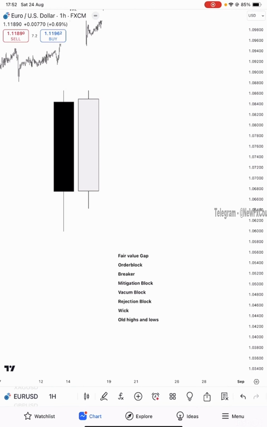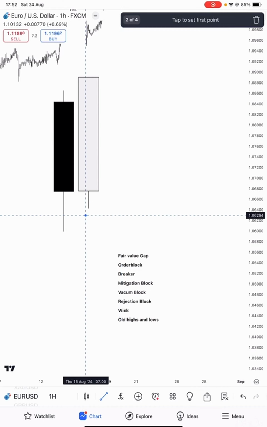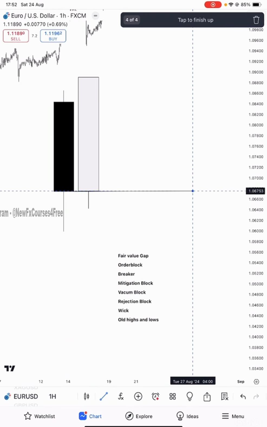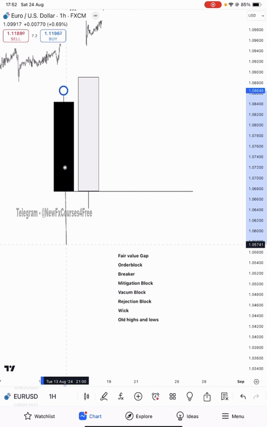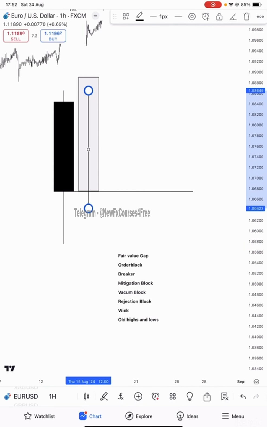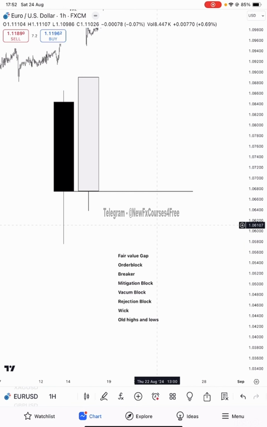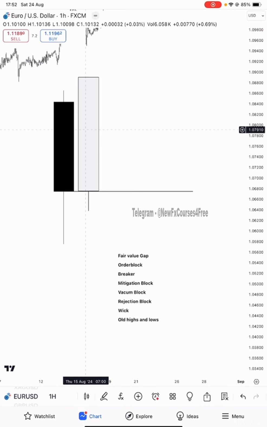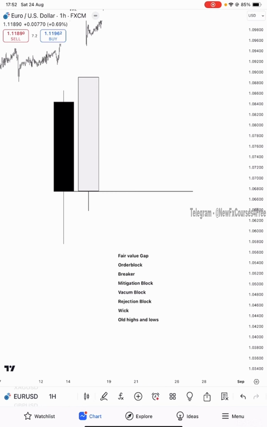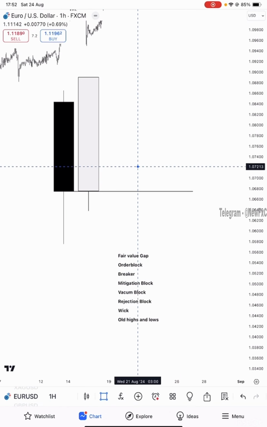Intricacies of, okay, this is a bullish rejection block. Now, as I said, rejection block, you know what they are. If there are any type of long wick below, you expect a rejection block, because wicks are inefficiencies.